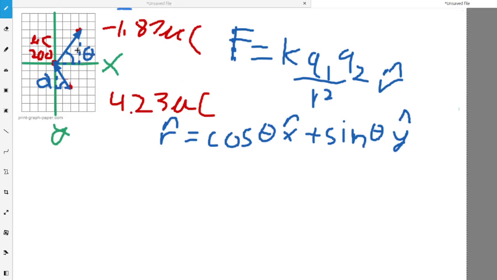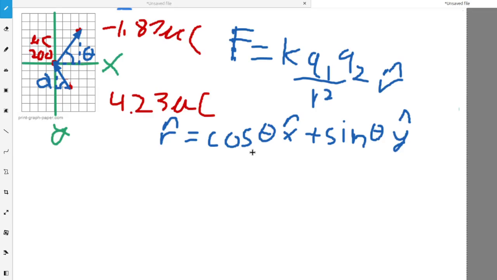Cosine is adjacent over hypotenuse, so that's going to be 3, and if we have 3 and 4 here, that's a simple Pythagorean identity. The actual distance between the origin and the point where the negative 1.87 charge is, is 5.